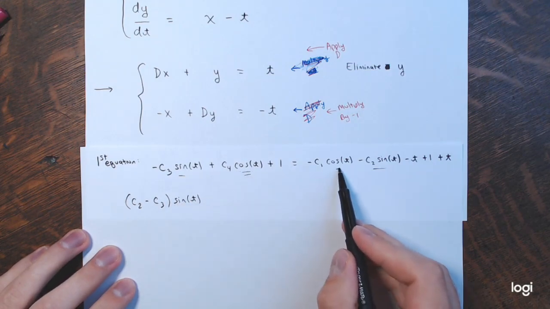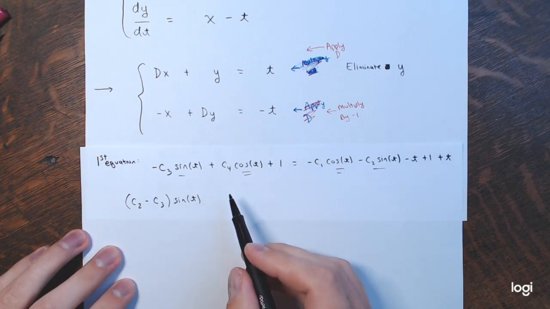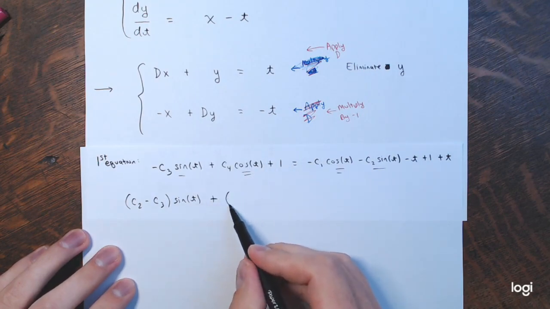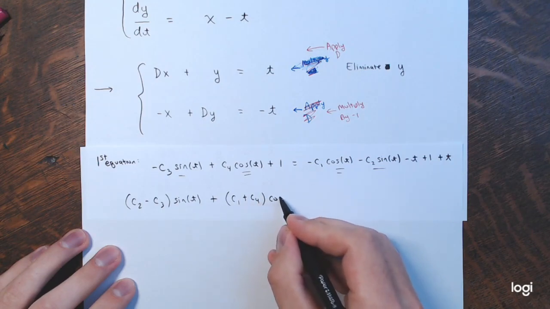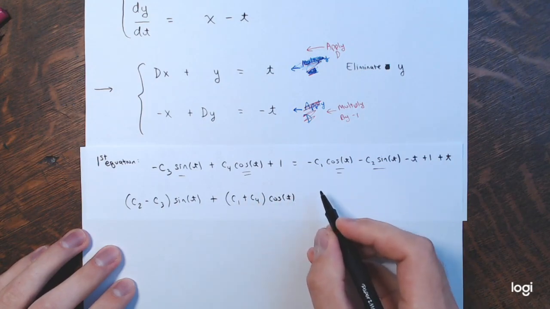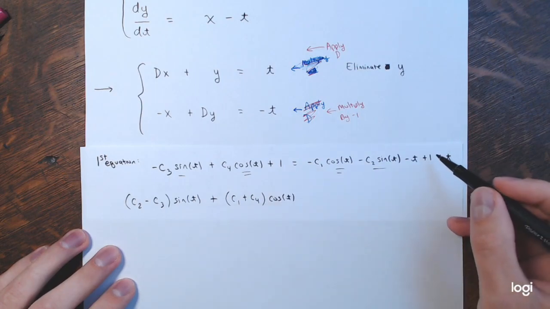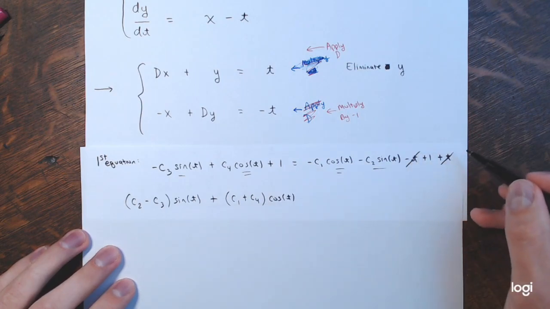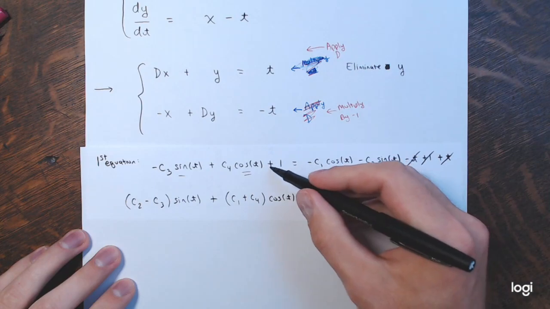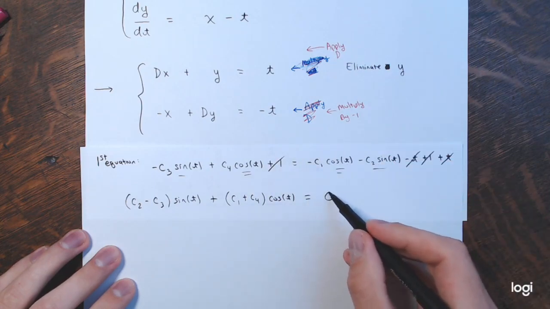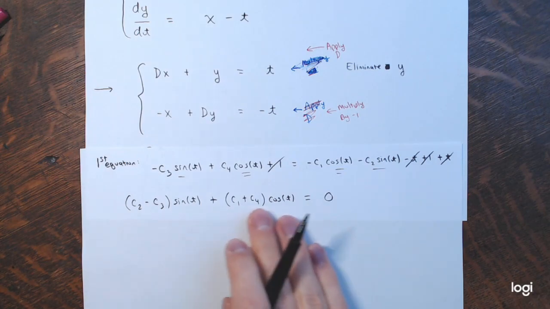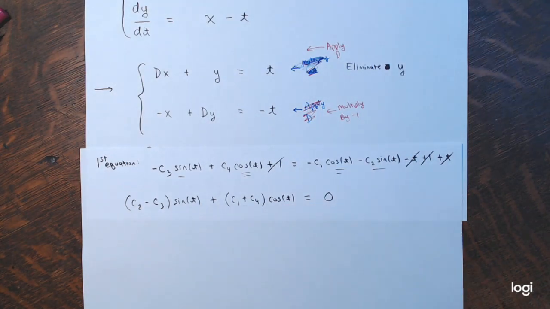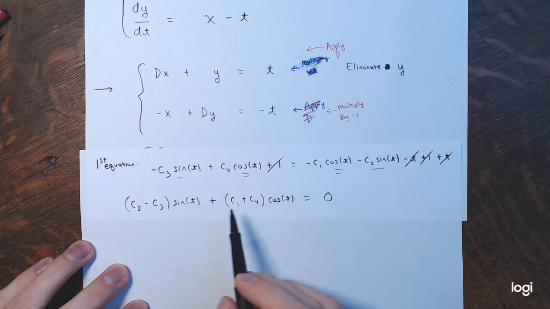Let's look at the cosine terms. Plus c1 plus c4 cosine of t. And then you can see that the t's are going negative t plus t. Subtract 1 from both sides, and so we get 0 equals 0. Again, the only way this is going to be equal to 0 for any t is if these coefficients are 0.